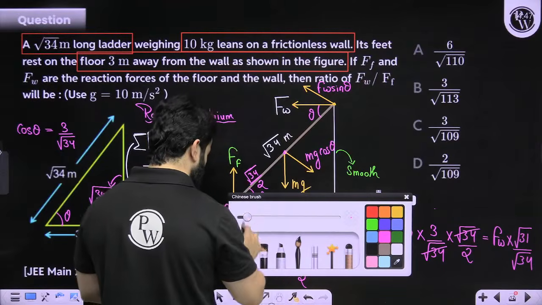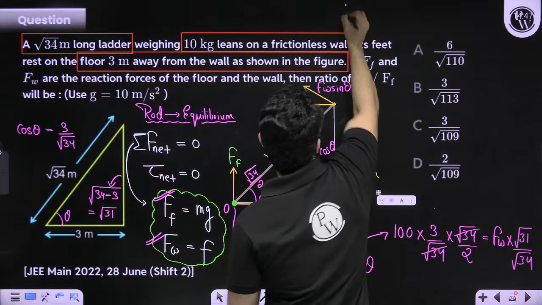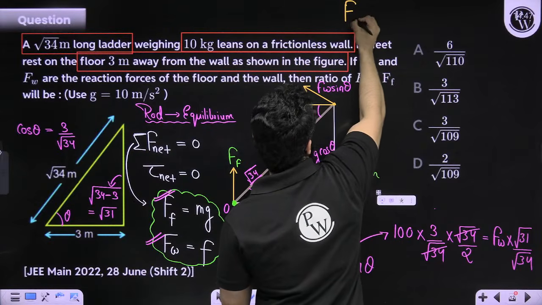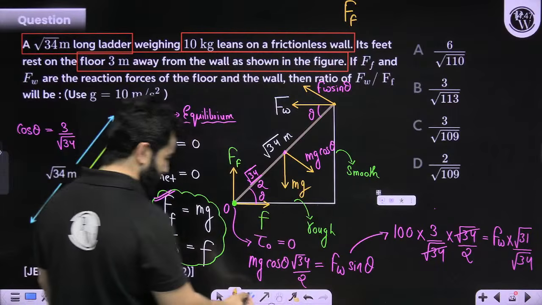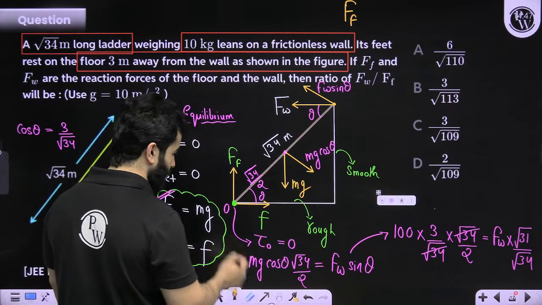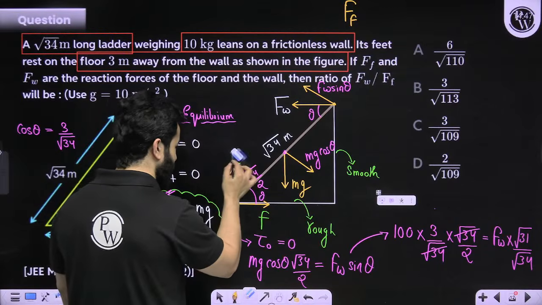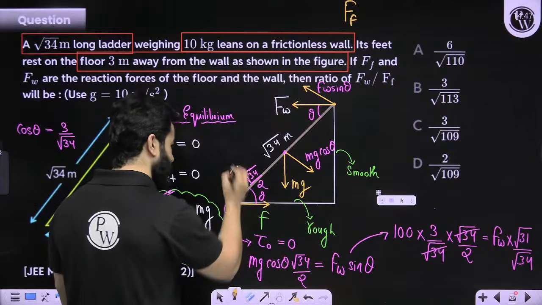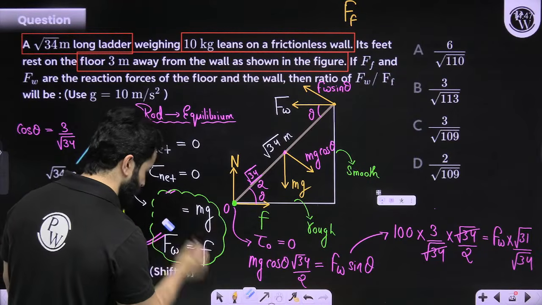Now I'll have to use some space over there. See, FF is actually a different kind of a force. Let me tell you. Let's do one thing, my dear friends. Instead of writing it as FF, let's write it as normal reaction N for a moment.